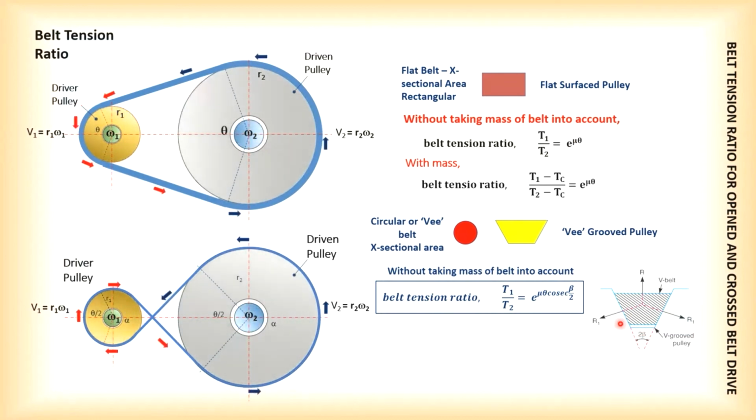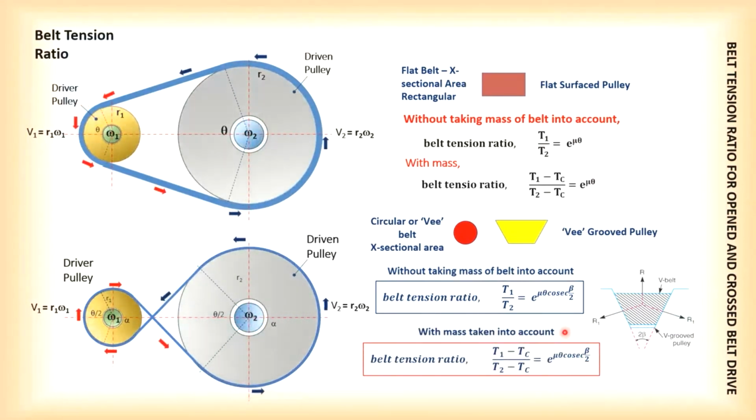This should be beta, not 2 beta. This is without mass. If we take mass into account, we apply this formula again, but right here we put cosecant beta over 2, so where TC is included.